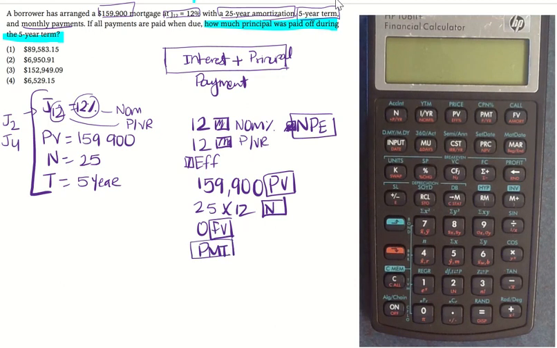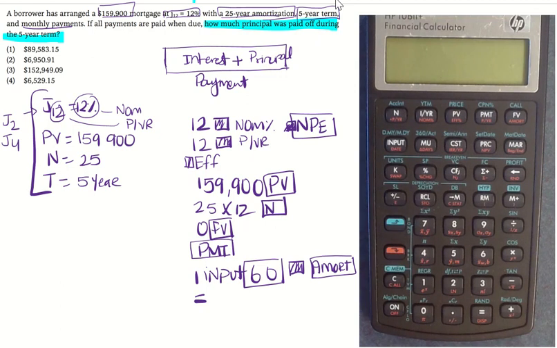This will give us the payment. Then press shift, the amount key, which is right above your FV key, and then we press the equal sign. I will just show you on the calculator how that works out.